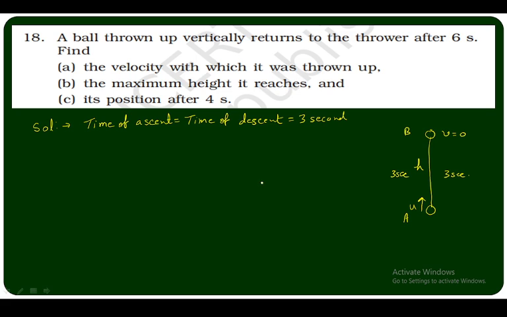Now we'll first find the velocity with which it was thrown. We have to find the velocity u, right? And you know that when it goes up, the acceleration due to gravity is minus 9.8 meter per second square.